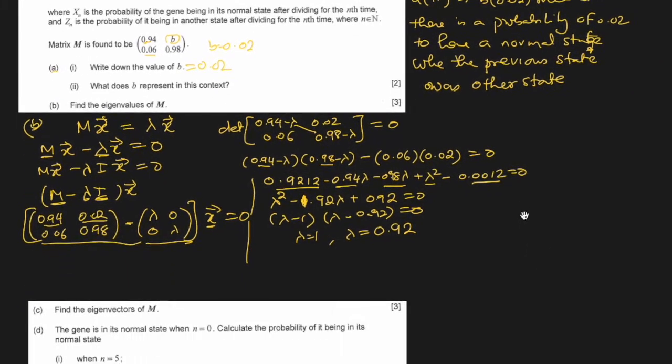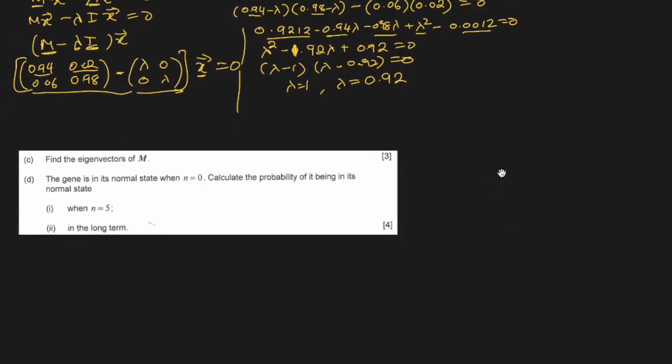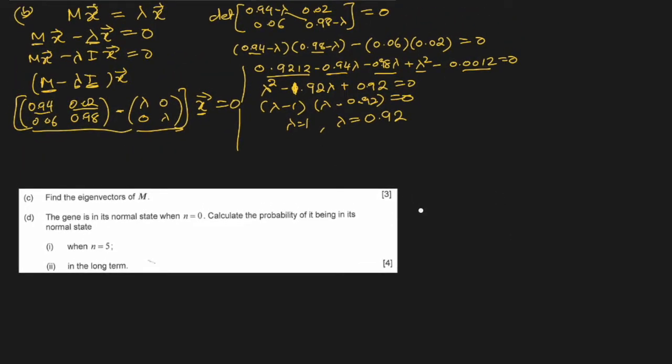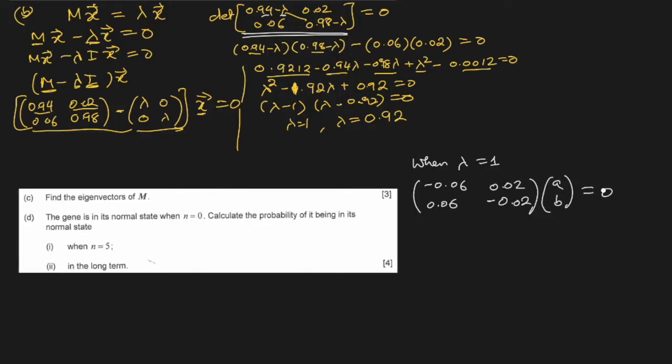We have more parts to this. Find eigenvectors, obviously they're asking us to find out, so let's try to find out. We will use which matrix? This one. So first let's find for when lambda is 1. So 0.94 minus 1 will be minus 0.06. We have 0.02 here fixed, 0.06 here, and then we have 0.98 minus 1, so minus 0.02, and let's call this vector AB, which is equal to 0.